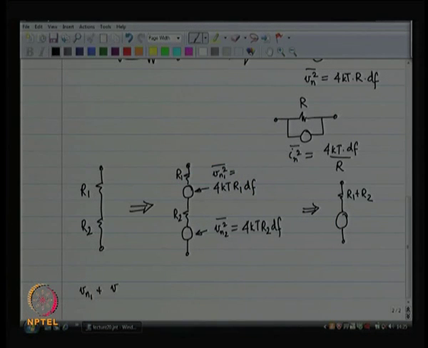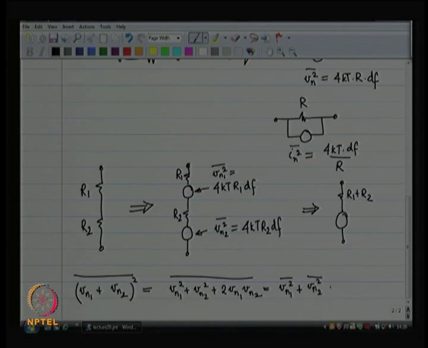So, what I was trying to say in the last class, but we were short on time, is that if I take Vn1 and Vn2, then the total mean squared of Vn1 plus Vn2 is the sum of the mean squared of Vn1, the mean squared of Vn2, plus twice the cross correlation of Vn1 and Vn2.